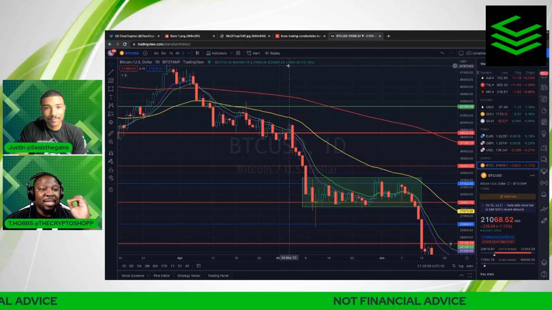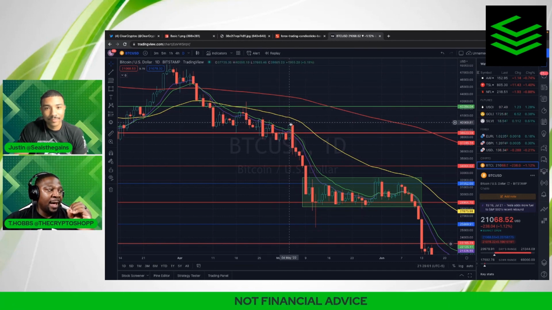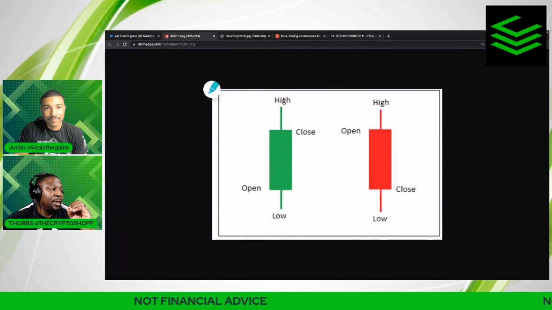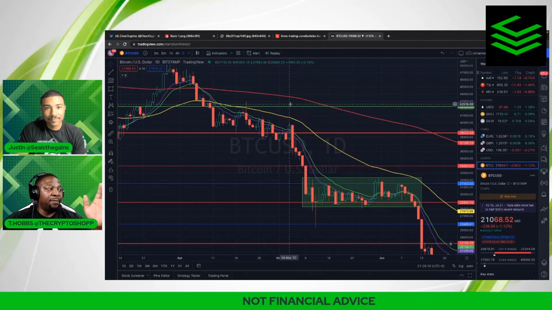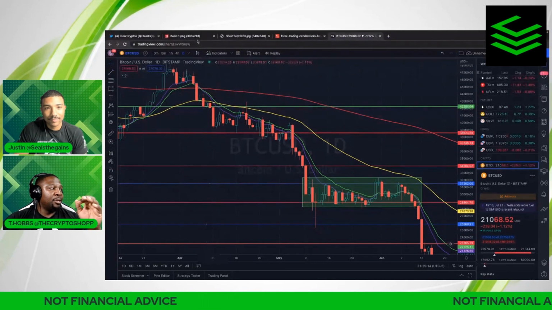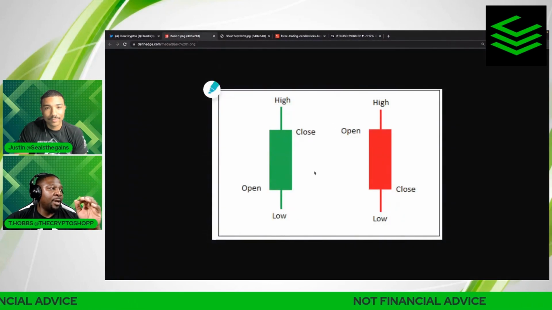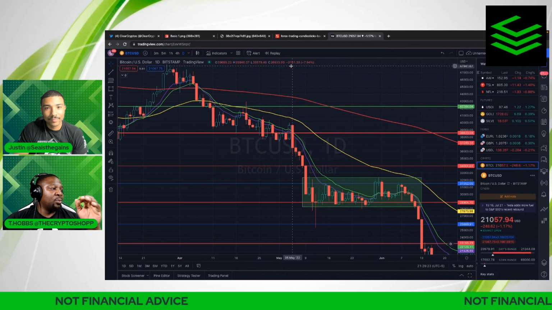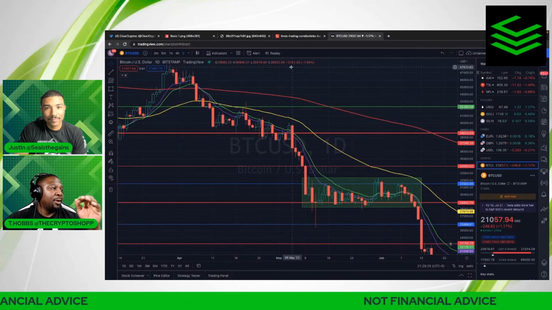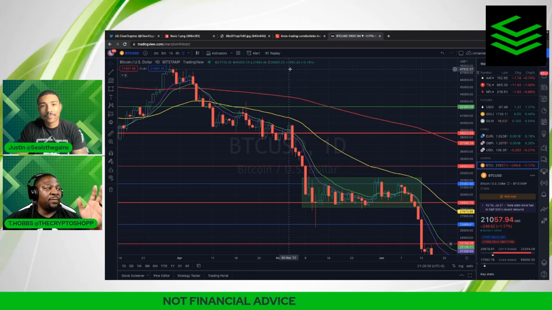So open at 37,735.35. The high point, meaning the high wick, the H, was 40,050.19. The low point, which is this wick down here, is the L in green, and the L says 37,665.46.